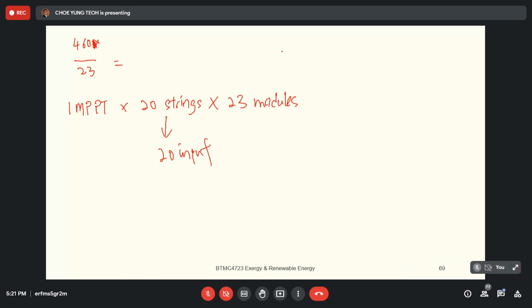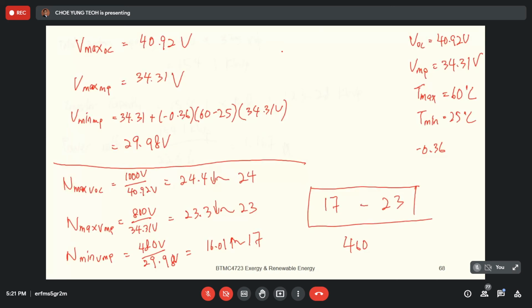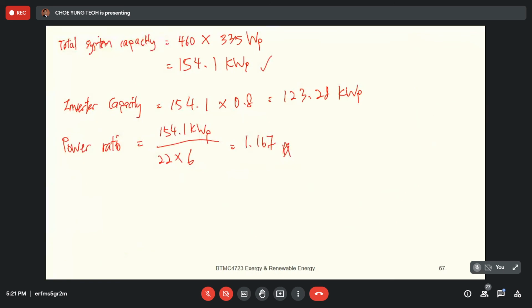Okay, Samuel, how to know the number of inverter we need? So definitely it depends on the system capacity. You can see that based on the total system capacity, which is 154.1 kilowatt, then we know that total capacity for inverter is 123.28 kilowatt peak.